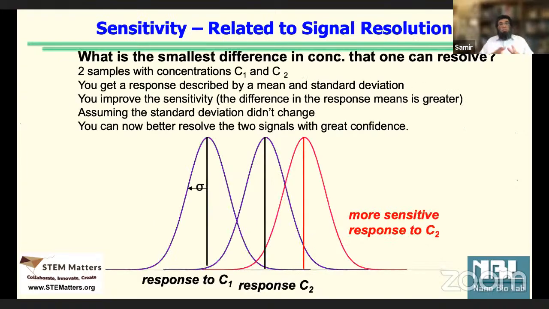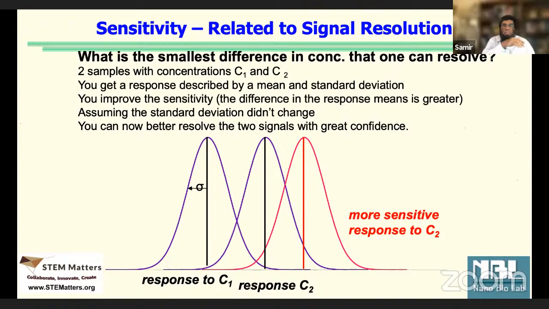All right, so another thing about sensitivity is signal resolution. If I'm detecting 2 samples which have concentrations C1 and C2, what is the smallest difference in concentration that it can resolve? Now, you see 2 curves, the response to C1 and the response to C2, on the left side.